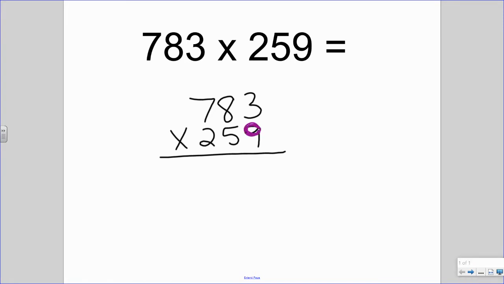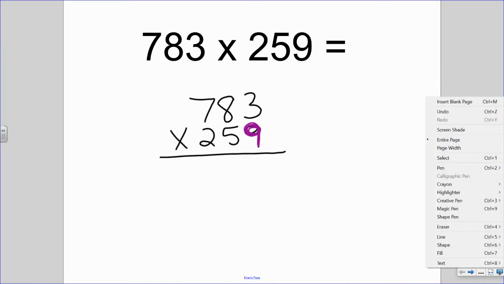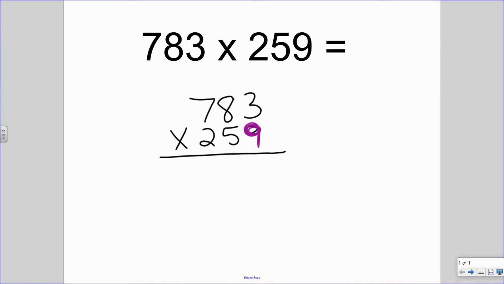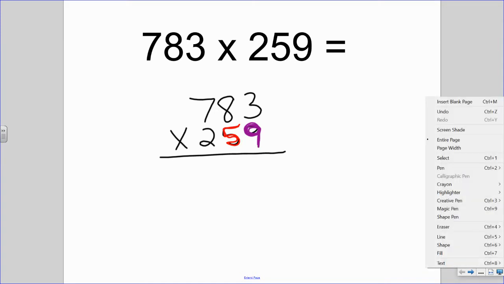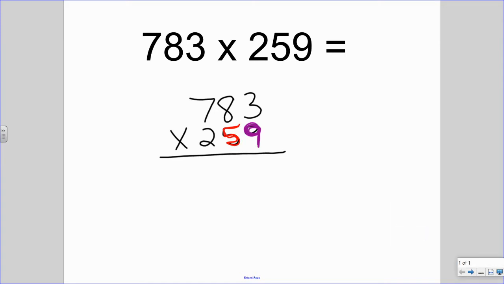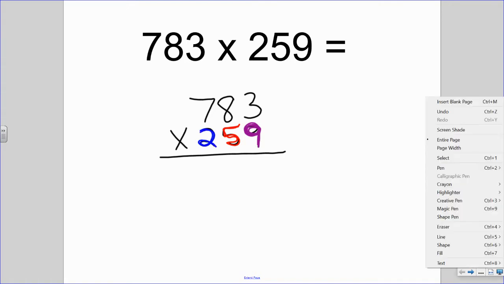We're first going to do 783 times 9, and we'll do that in purple. We're then going to do 783 times 5, and we'll do that in red. And then we're going to do 783 times 2, which is really 200. And then we will add that all together.